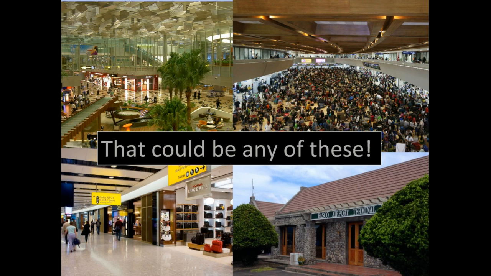Yes, they've all got signs. Shops. There's shops in all of them. So when you say, I saw people, I saw shops and signs telling me where to go, that doesn't give your reader enough specific information for them to really imagine the airport that you have in your mind.